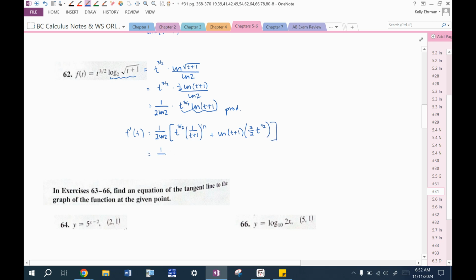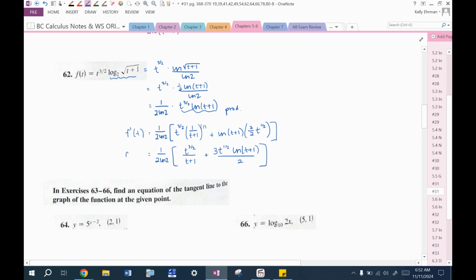So this is 1 over 2 ln 2 times t to the 3/2 over t plus 1. And then here I have t to the 1/2, let's see, 3 t to the 1/2 ln of t plus 1, then it would just be over 2.